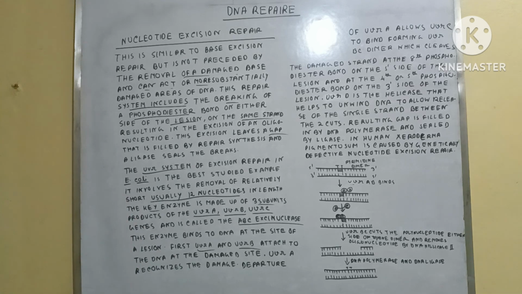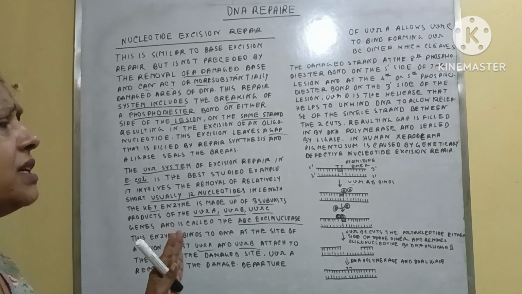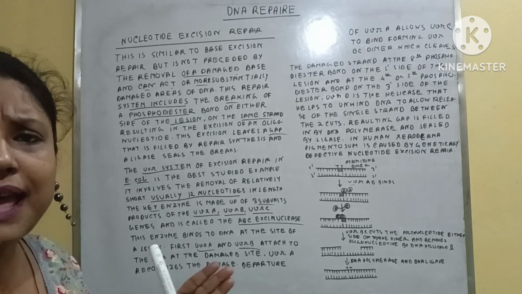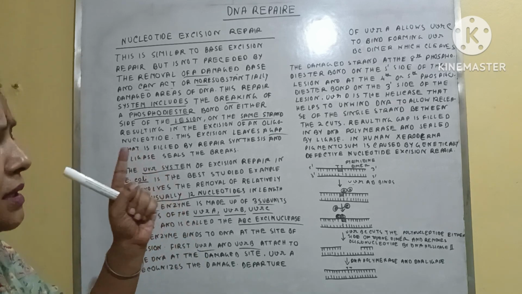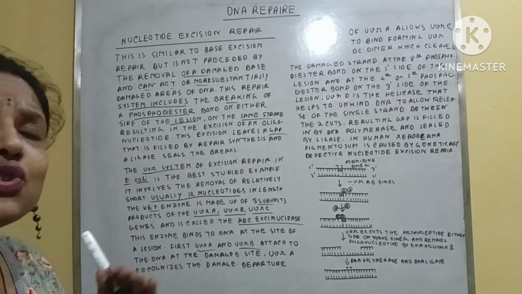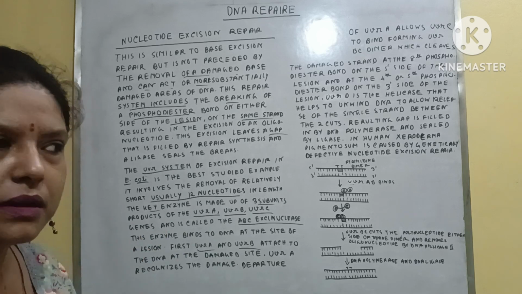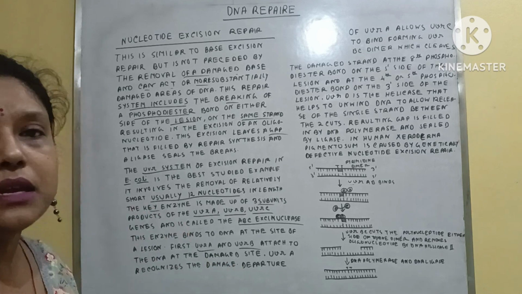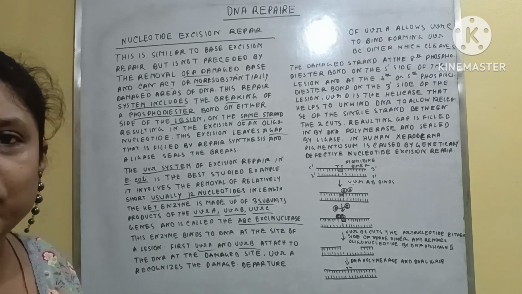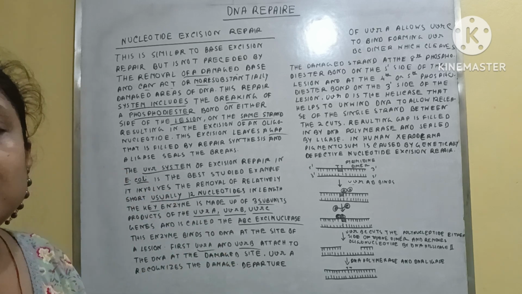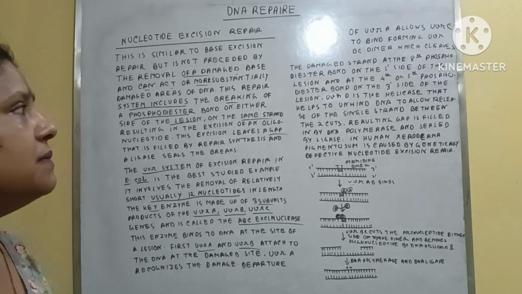So first, after the recognition of the damaged site, UVR A is released from the strand. So which can bind at that place? UVR C, and this binds with UVR B to form the dimer UVR BC.